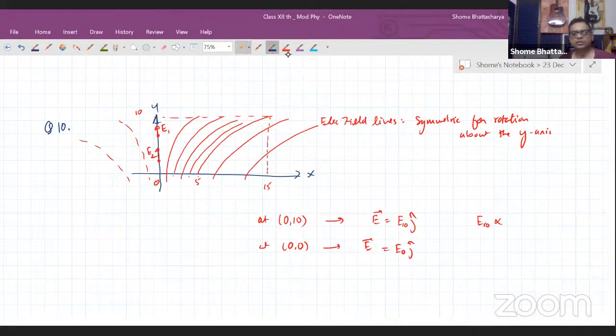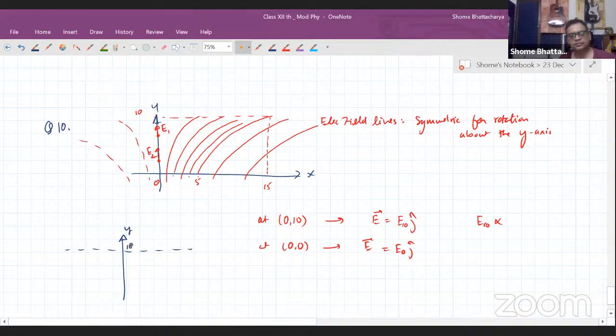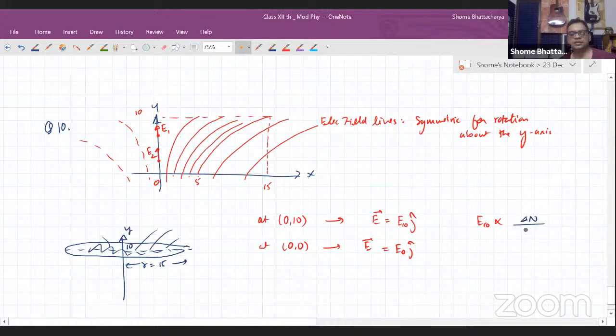So imagine what you're doing now is that at the point y equal to 10, you cut a disk like this. You cut a disk of radius 15. Okay, so the number of field lines going through this disk is proportional to 5. So this is proportional to some number of field lines, let's say delta n, divided by 2 pi into 15 square.